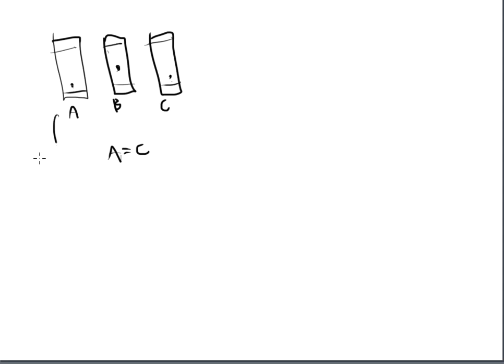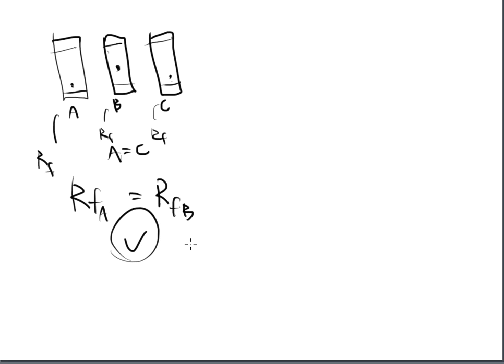Well, what I can do is I can calculate an RF of each one of these. I can calculate an RF of A, of B, and of C. And if the RF of A is equal to the RF of B, then sure enough, they are the same. If they are not equal, then they are not the same. And in this case, they will not be equal.